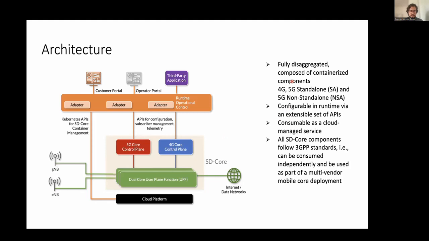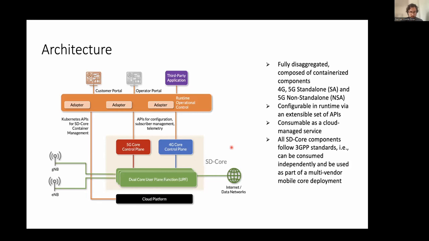They can be disaggregated and put in a cloud native architecture. They can be consumed as cloud managed services. Think here that there are definitions of settings, Helm charts, and Kubernetes manifests that can deploy these components in Edge Cloud to be operationalized by a Kubernetes cluster.